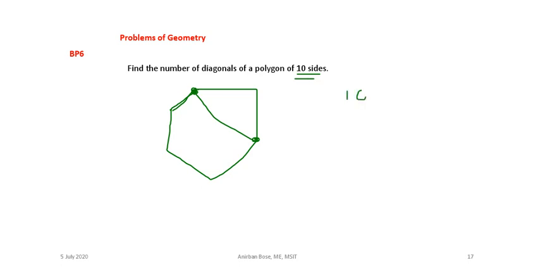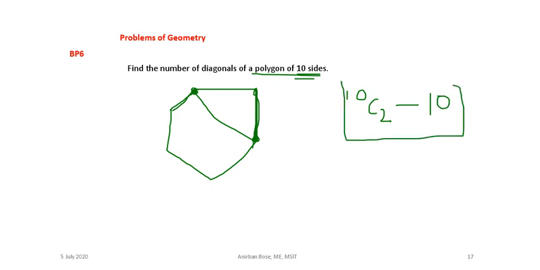So out of 10 points, how many ways can we choose 2 points? That is 10C2. But within this 10C2, the sides are also counted, because if you consider these 2 points, that is not a diagonal, rather that is a side. So you have to subtract the number of sides. In a polygon of 10 sides, how many sides are there? 10. So this is the total number of diagonals of that polygon.